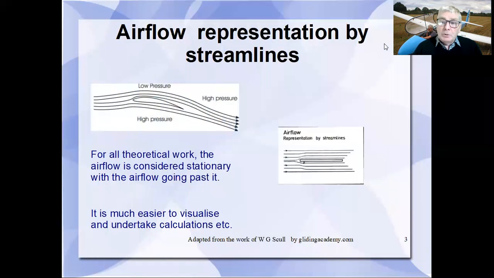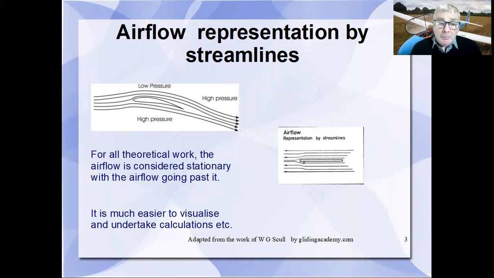So first of all, what I'd like you to understand is how the diagrams that you look at are presented to you. You normally see pictures of wings or aerofoils with the air flowing around them as if they were in a wind tunnel or something like that, as a way of explaining what's happening to the airflow around the wing.